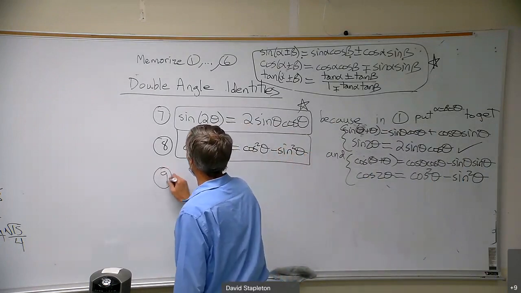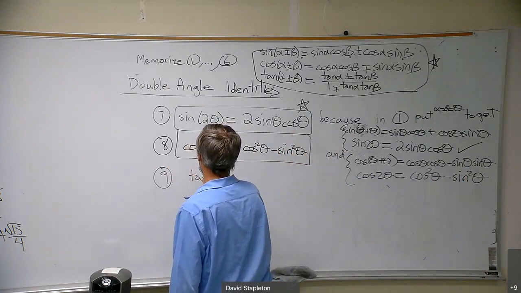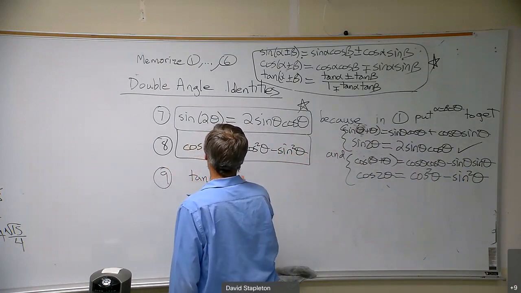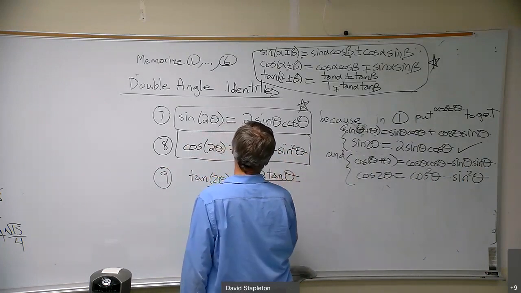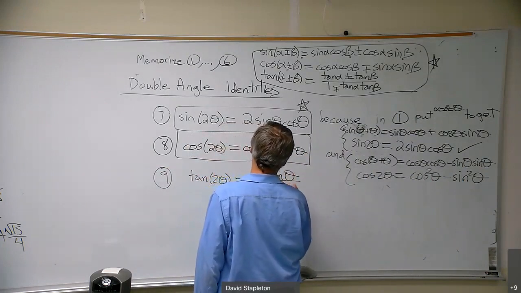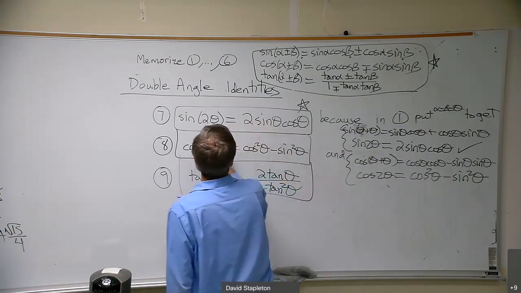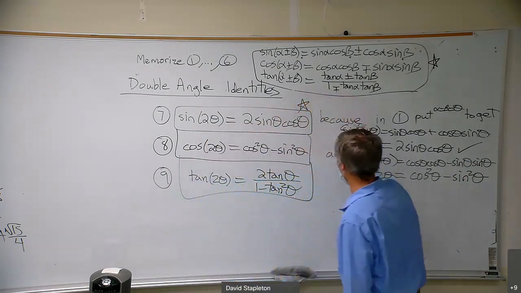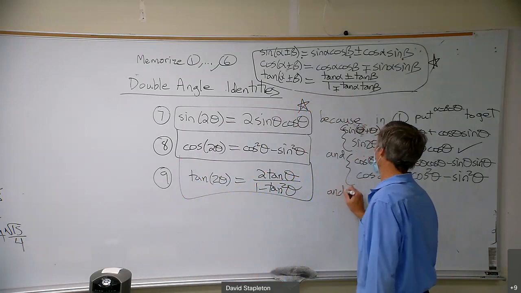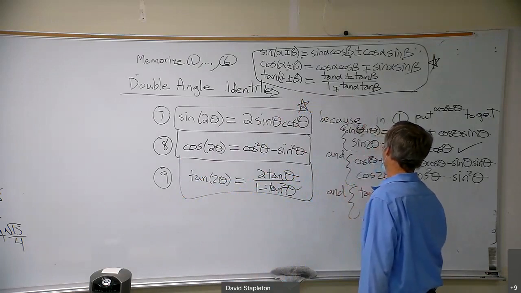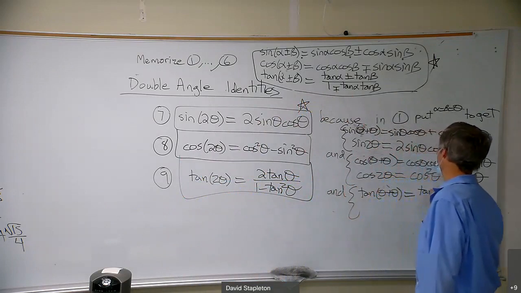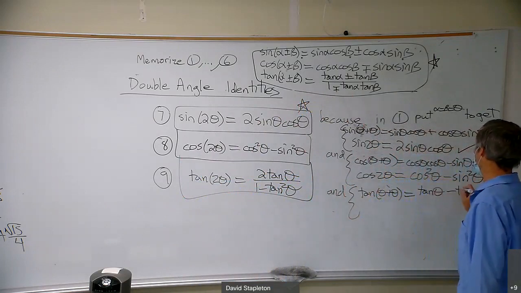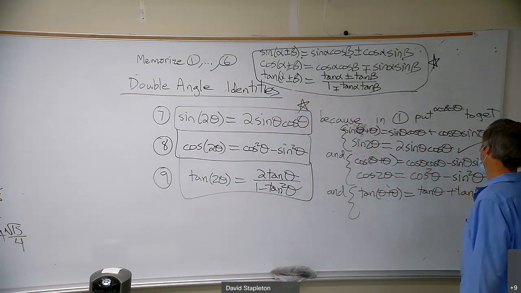And finally, you have this one: tangent of 2 theta is 2 tangent theta over 1 minus tangent squared theta, but you can see where that one comes from. Just put alpha equals beta equals theta in the last one. And you get tangent of theta plus theta equals tangent theta plus tangent theta over 1 minus tangent theta tangent theta.